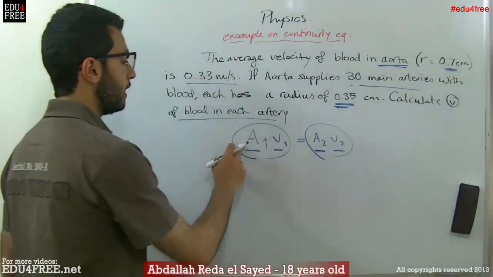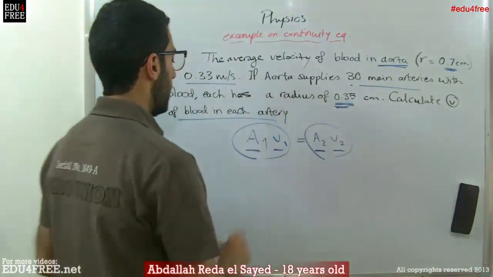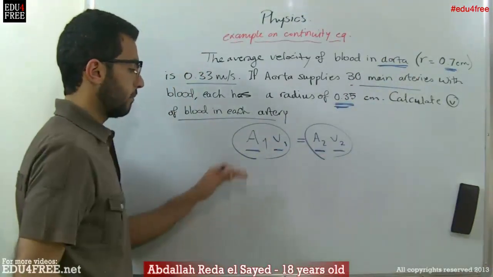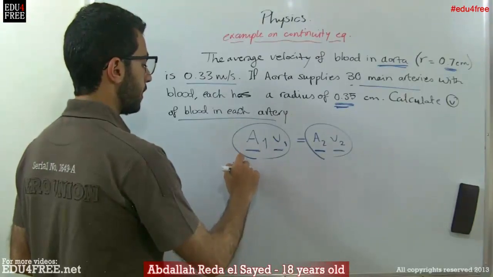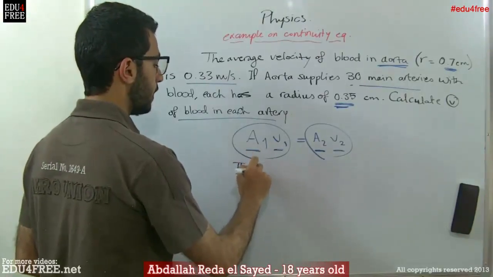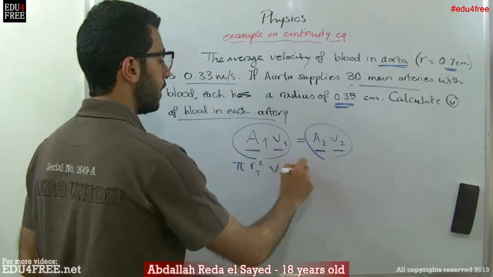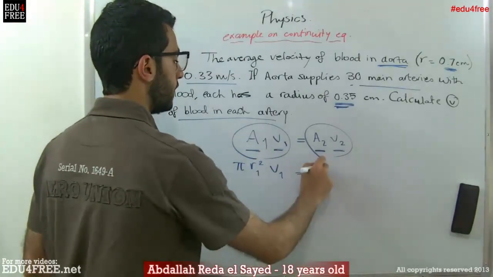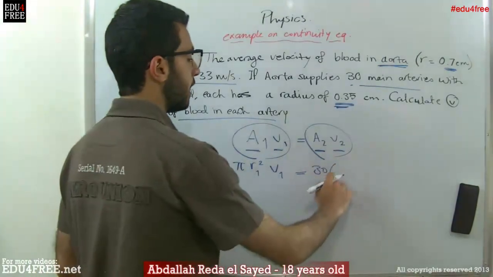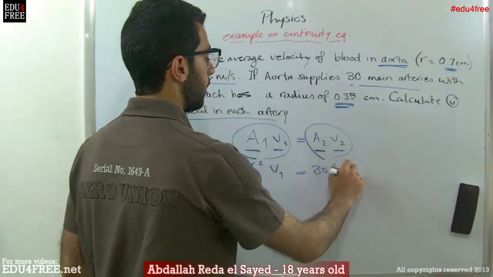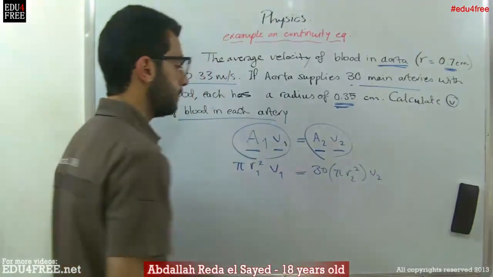So first of all, A1 is the cross-sectional area of the aorta, and because it's circular, the cross-sectional area will equal pi multiplied by R1 squared, and then we have V1 equals 30, and then we open a bracket, then we have pi R2 squared multiplied by V2.